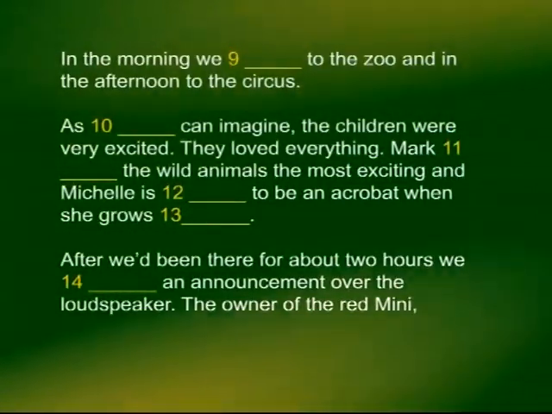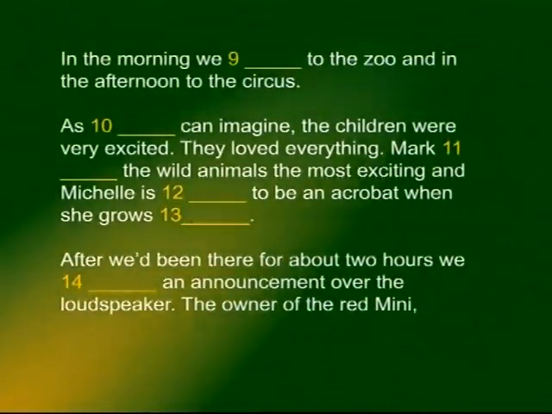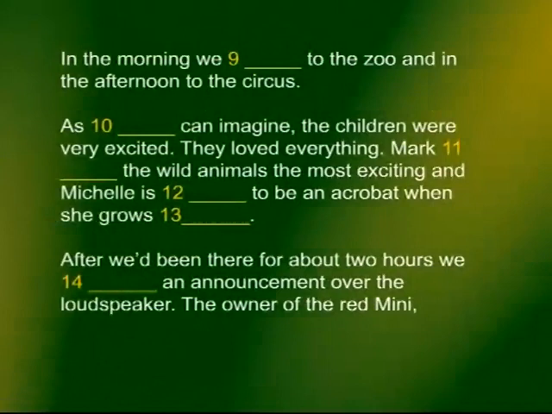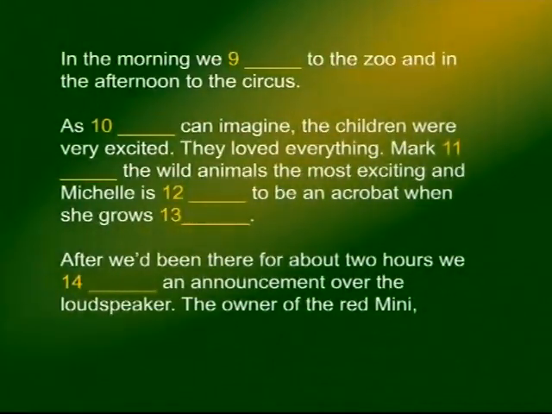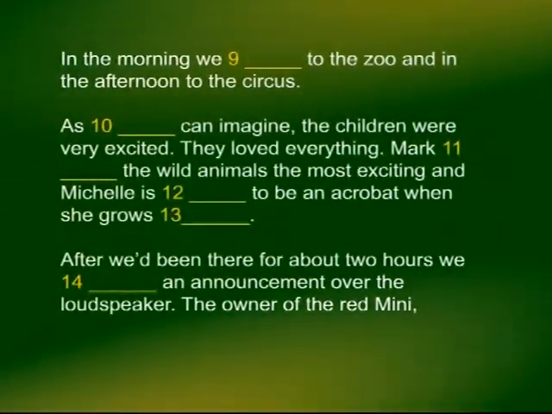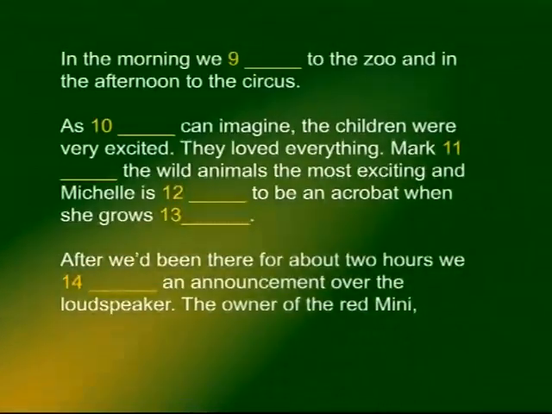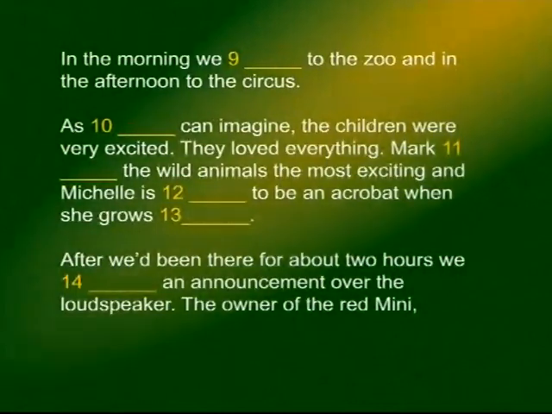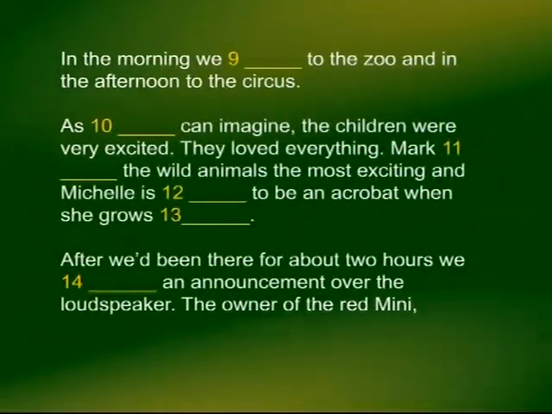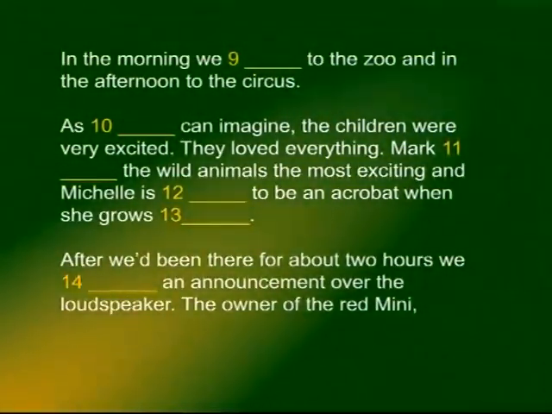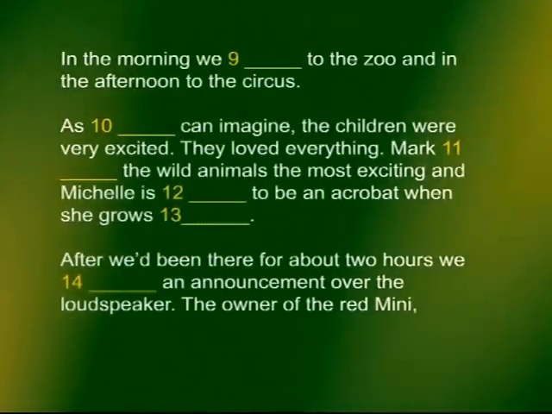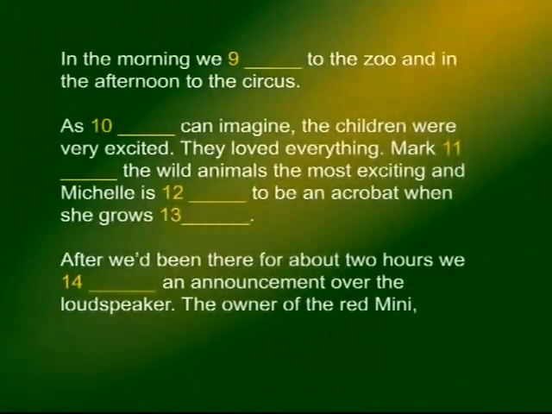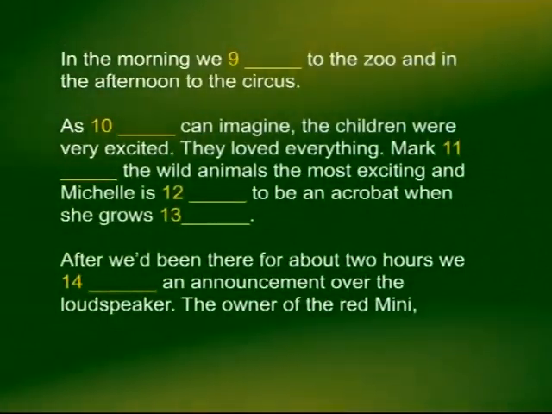They loved everything. Mark the wild animals the most exciting. So what about the wild animals? He found them. He found the wild animals the most exciting. And Michelle is to be an acrobat when she grows. So it is something about the future.